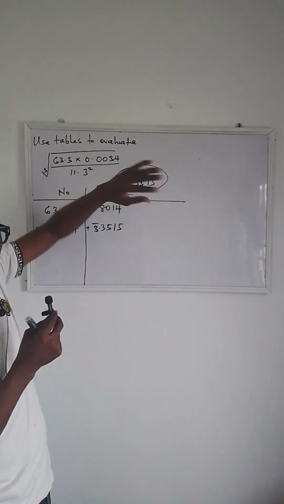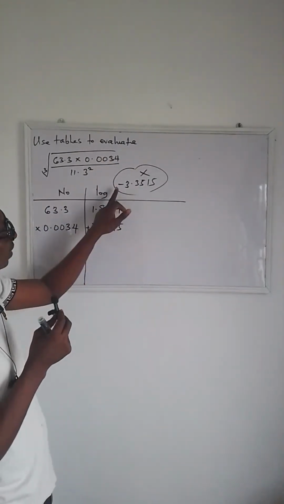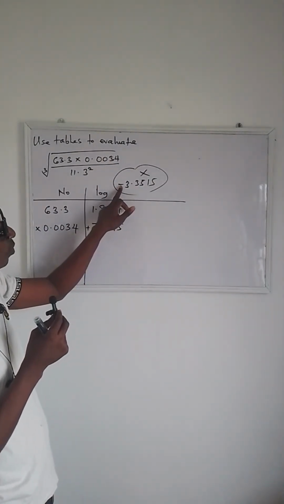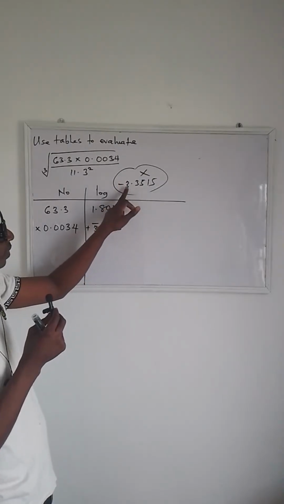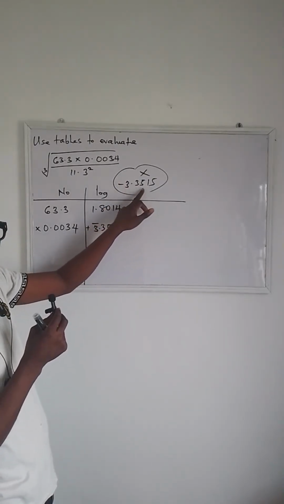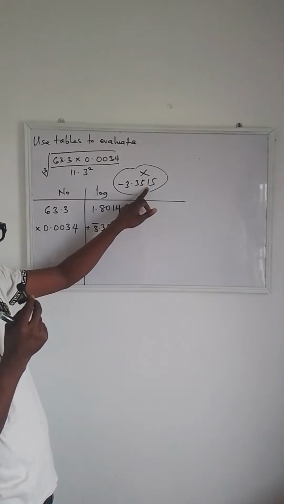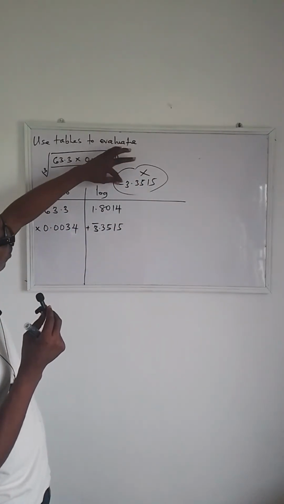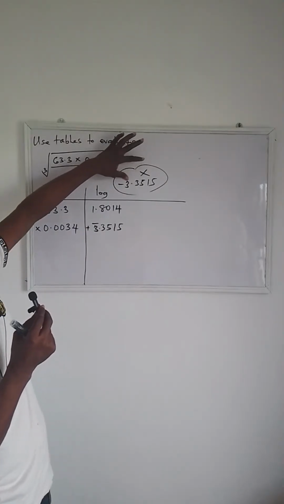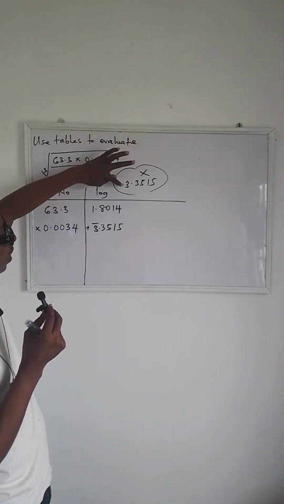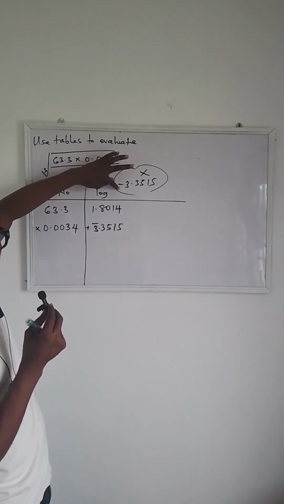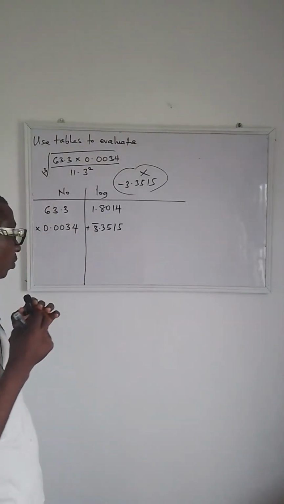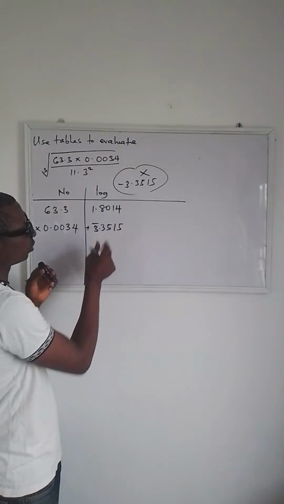The mantissa is always positive. So if you write negative at the front of this number, it's affecting this 3 and also the mantissa, and that will not be correct. That is more reason why the negative is always written at the top. So you cannot write the negative at the front this way. Please let's take note of that. So now this is what we are supposed to have.